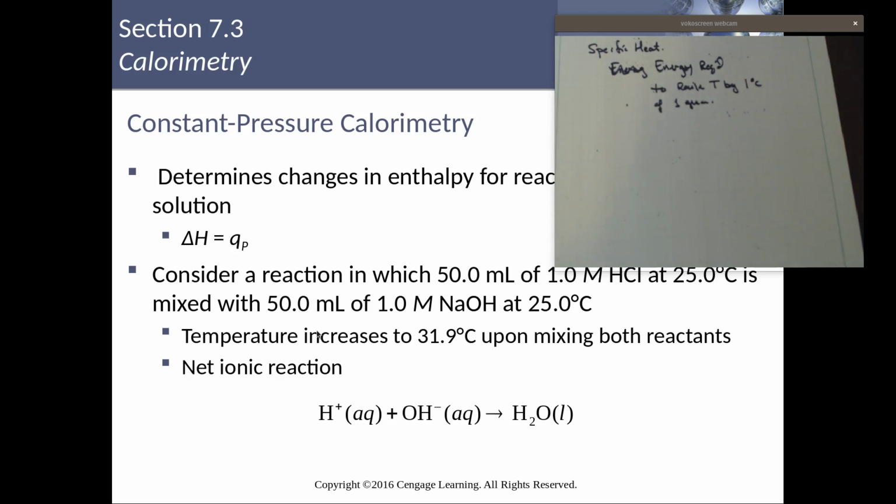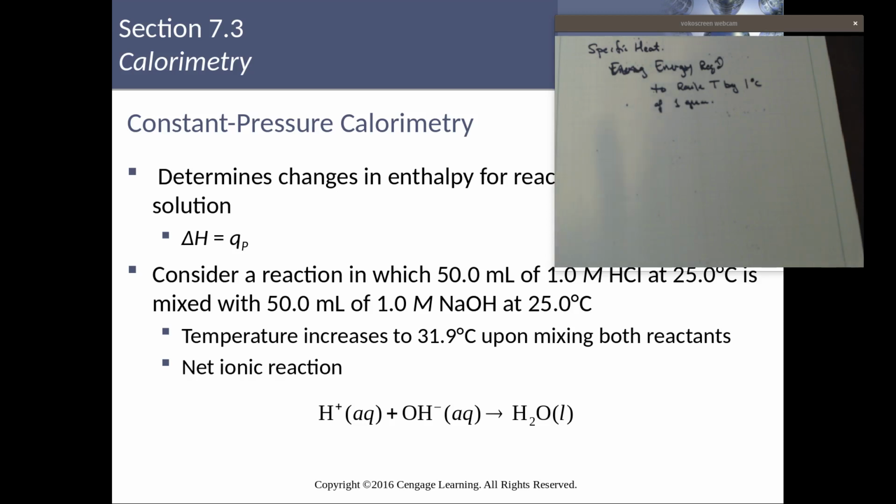Now, let's look at this particular reaction. In this case, we're going to take 50 milliliters of 1 molar hydrochloric acid, at 25 degrees Celsius. Whenever you do an experiment like this, it's always important to note the temperature, because the heat capacity might depend upon the temperature.